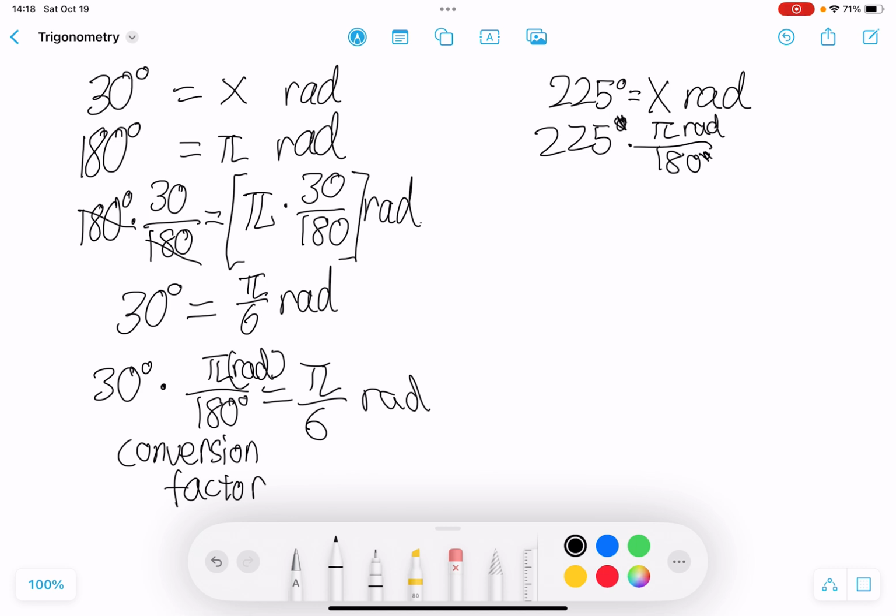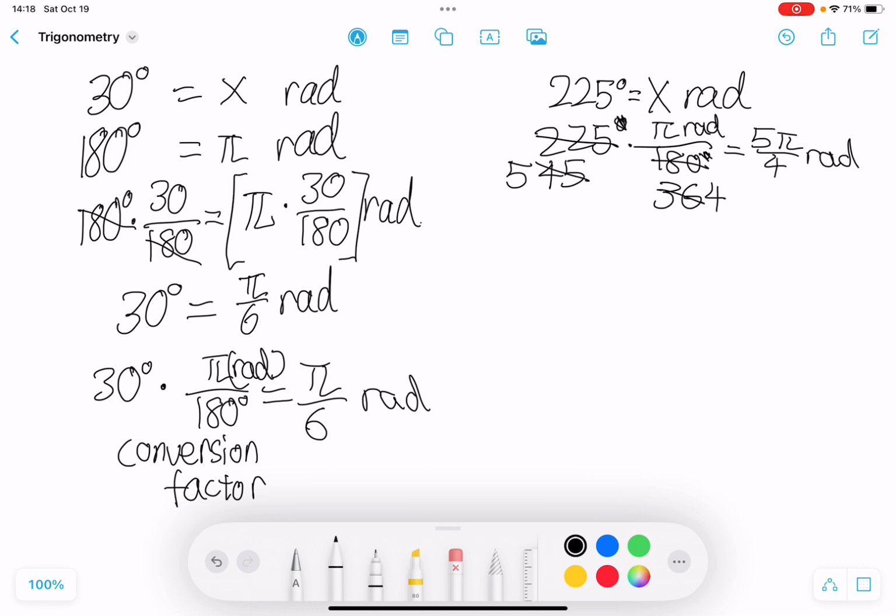You can cancel out units just like you cancel out numbers. Cancel out factors. So 225 and 180 obviously have a common factor of 5. If you cancel the 5 out, this is 45, this is 36, and then there's also a factor of 9. So this is 5 and this is 4.